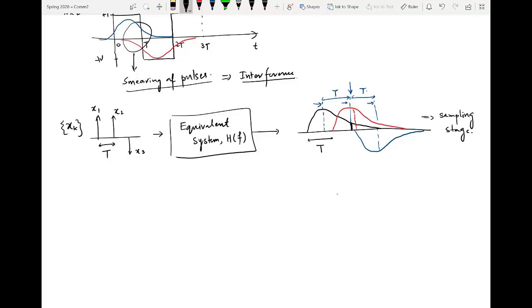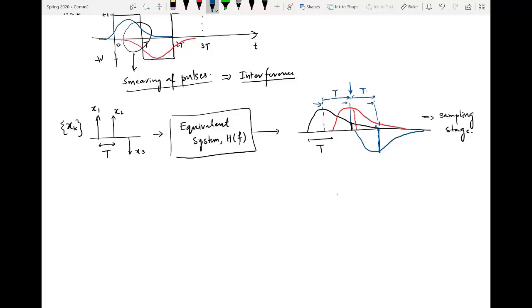A similar phenomenon can be observed at the third sampling instant. If you sample here, it will contain the contribution from the red one and from the black one also. This is the phenomenon called intersymbol interference, which causes smearing and thus produces interference due to the adjacent pulses.